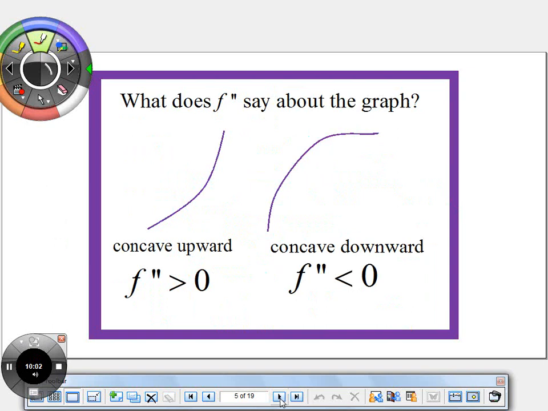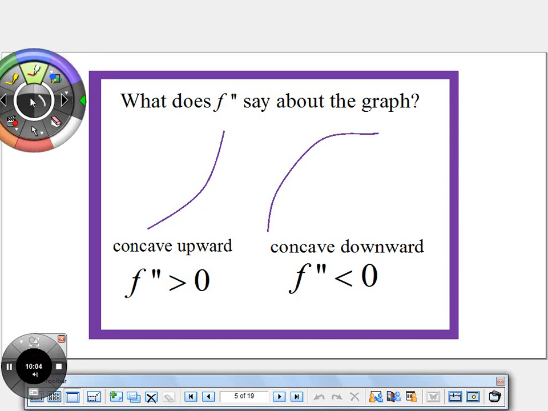What about the second derivative? What does the second derivative say about the graph? Well, the second derivative tells you the concavity. So if the second derivative is positive, then that means it's concave up all the time. And then if on a particular interval the second derivative is less than 0 or negative, then it's concave down.